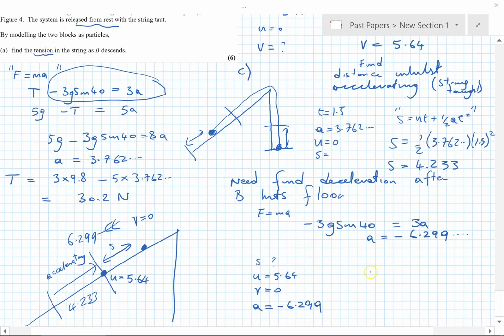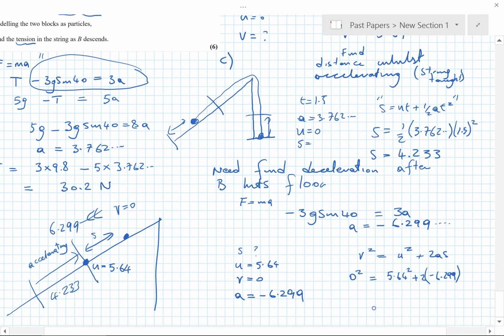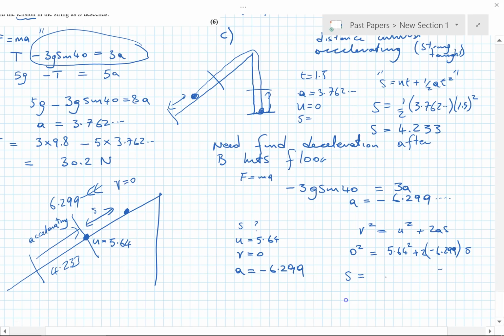So we're going to use V squared is equal to U squared plus 2AS. So 0 squared is equal to that 5.64 squared plus 2 times minus 6.299 times S. So S equals 5.64 squared over 2 times 6.299.